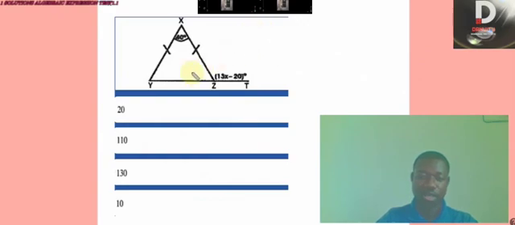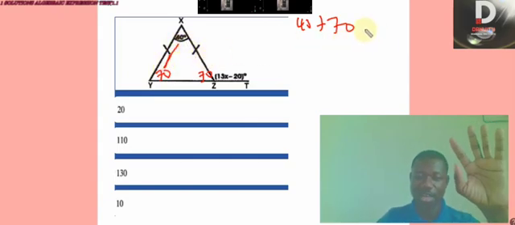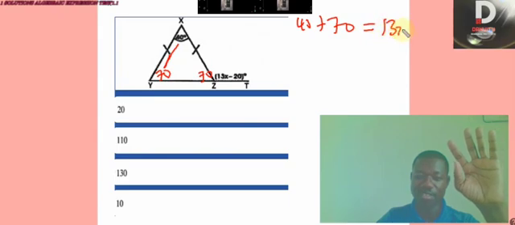So it's supposed to be like here, I represented here by what? We got here to be 70 and was 70. You get it? So it's supposed to be 40 plus 70, right? That's interior angle. The sum of two interior angles equal to the exterior, equal to 13x minus 20. So let's go.